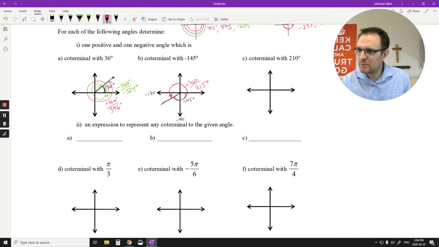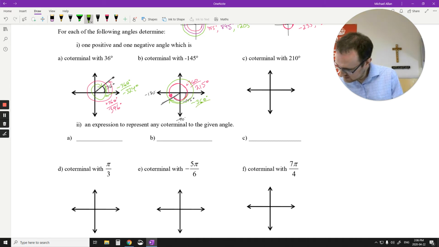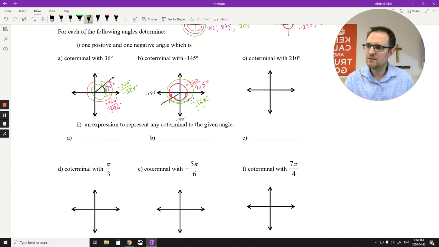Or I can just keep on going backwards, keep on subtracting more. So I could subtract 360, keep on going even more negative, and get negative 505 degrees.